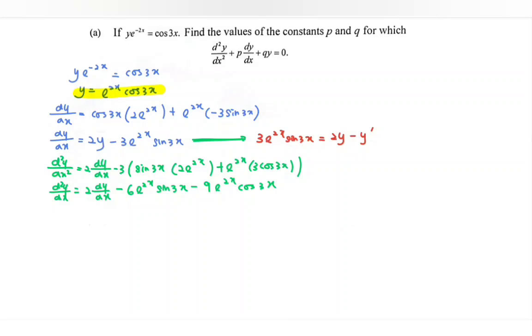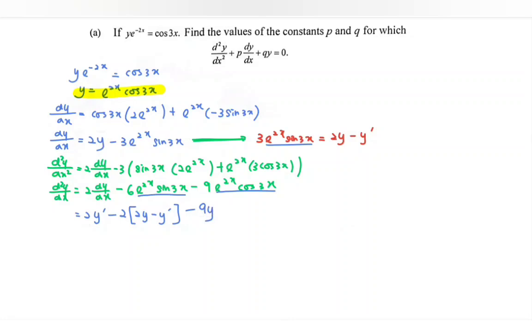So rewrite the situation. So we have 2y prime minus, if you focus on this part, actually we have the negative 2 bracket, so we have 2y minus y prime. Minus, if we focus on this part, actually we have 9y.